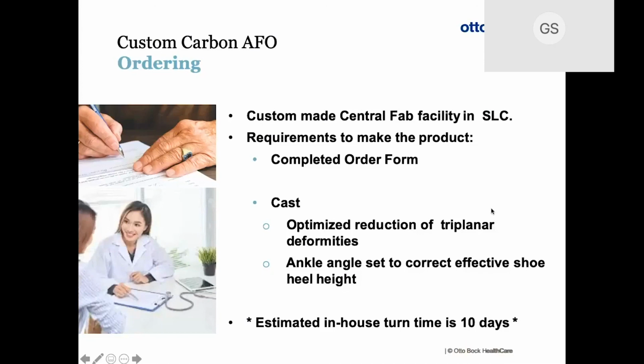The estimated turnaround time is 10 days, but our fab always surprises me how fast they're getting with this sort of thing. Now, pre-preg is so important, as I mentioned. Pre-preg has a certain formula and how they lay it up, so it's really important that they get this very accurate. If they're just off a little bit, they might miss where you want the longitudinal forces.